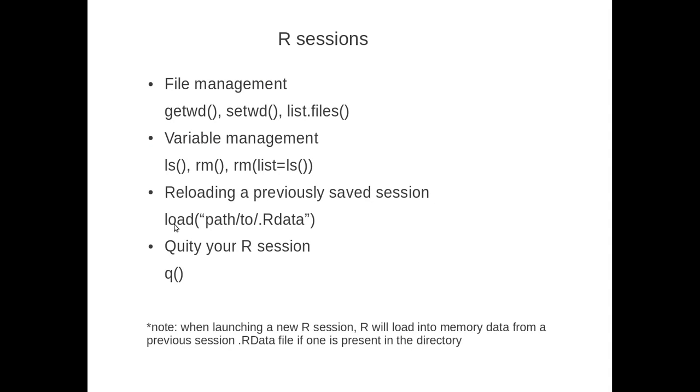If you then type load with the path to the RData file when you relaunch RStudio, it will have all of the data with all of the variables from your previous session already defined. So we've simply reloaded that same session as if we'd retyped that session again.